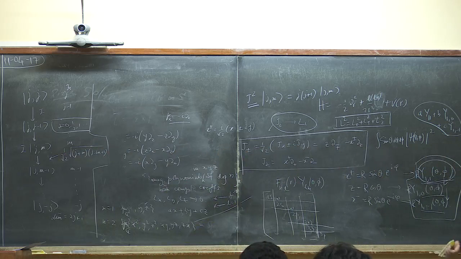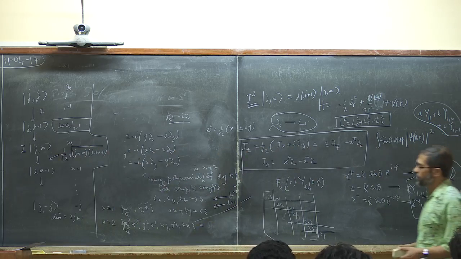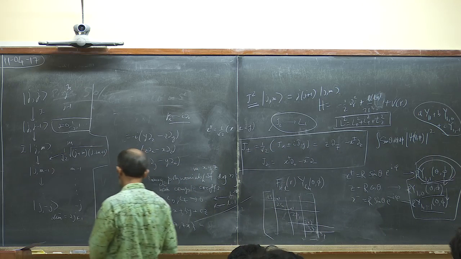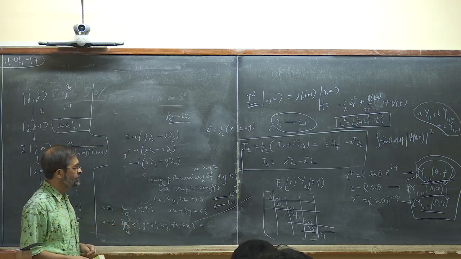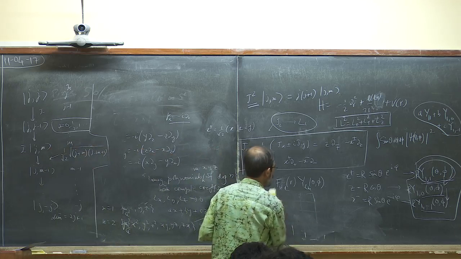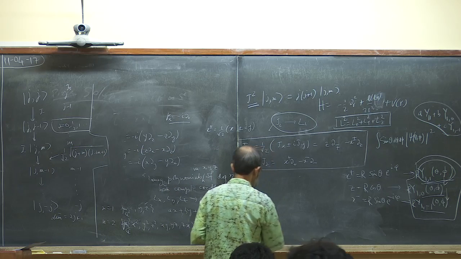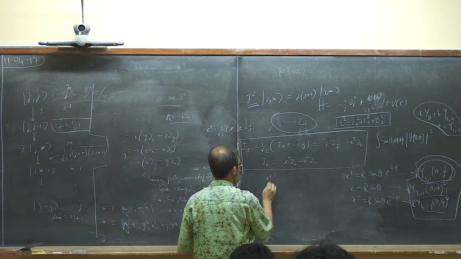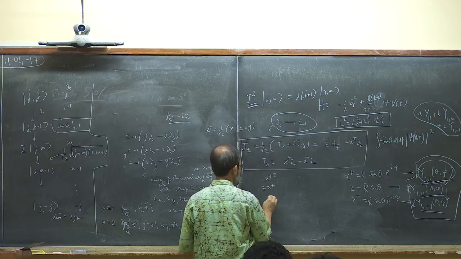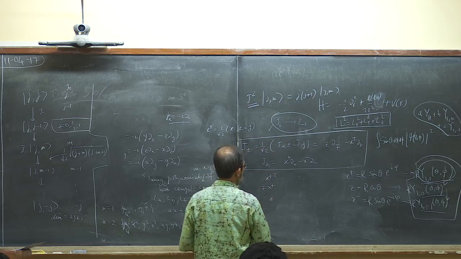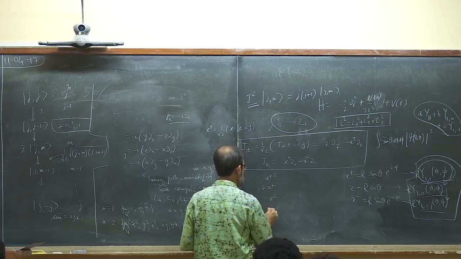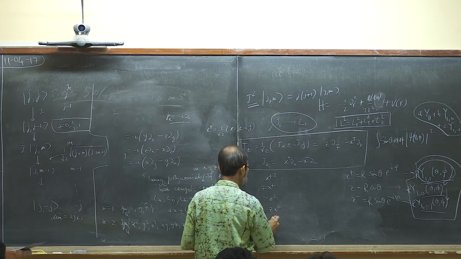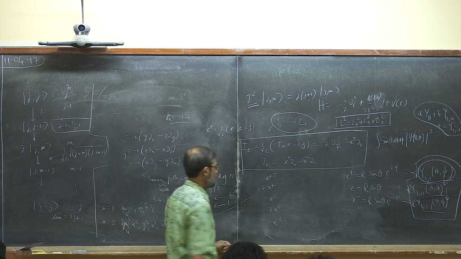The generalization of this is fairly easy. So what do you do for n equal to 2? For n equal to 2, clearly the following basis is available: x plus square, x plus z, z square, then z x minus and x minus square.